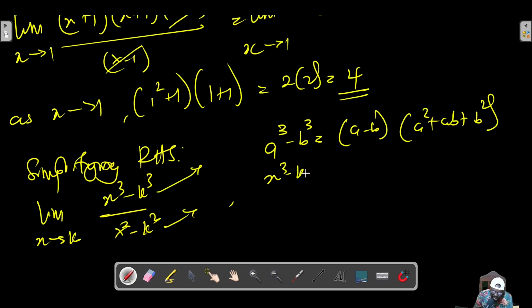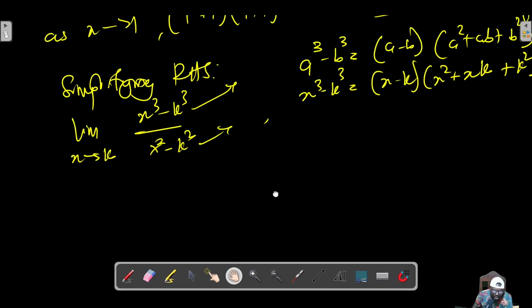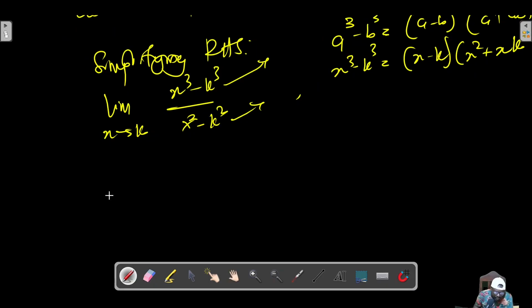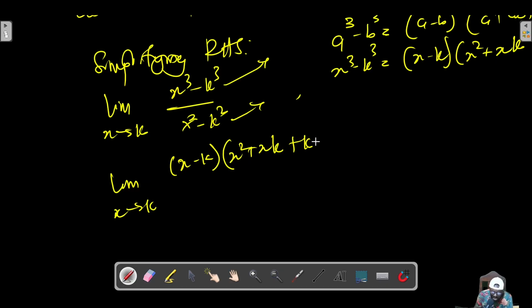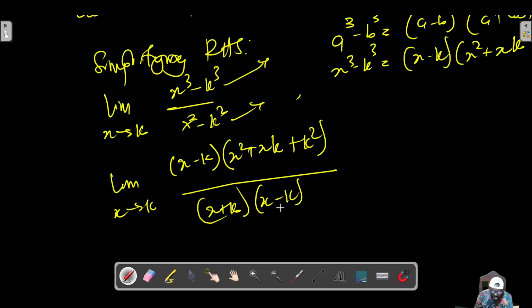So x cubed minus k cubed can also be written as x minus k in parentheses, x squared plus xk plus k squared. For the denominator, it is familiar to us, so we don't have any problem. So we end up with x minus k multiplying x squared plus xk plus k squared, all on x plus k multiplying x minus k.